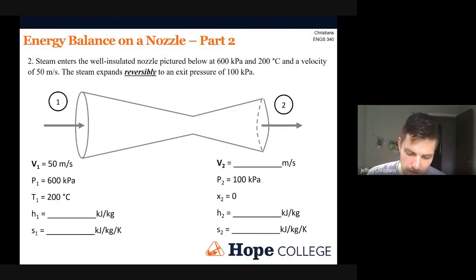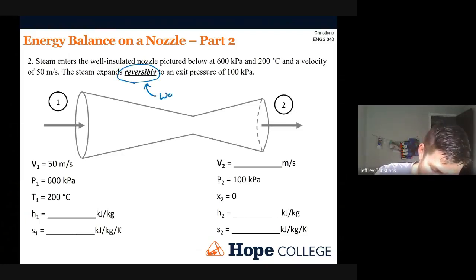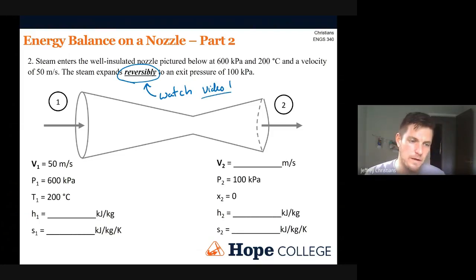So we can do that by looking at a process where delta S is equal to 0, at least in this case. Really what we're doing is looking at a process here, and I'll just write "watch video 1."